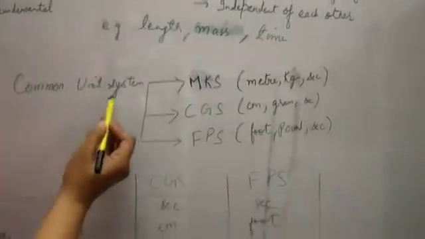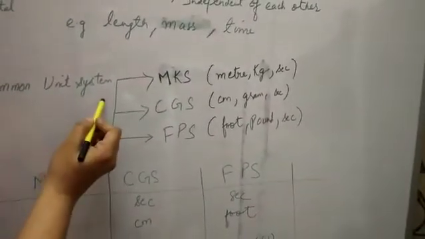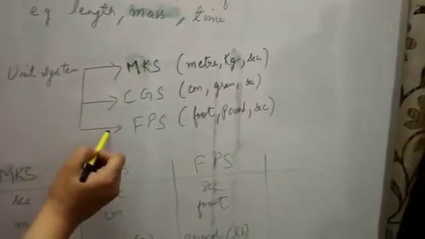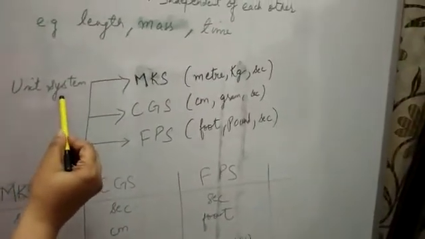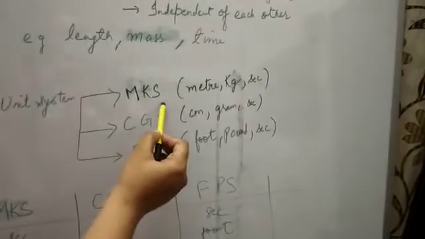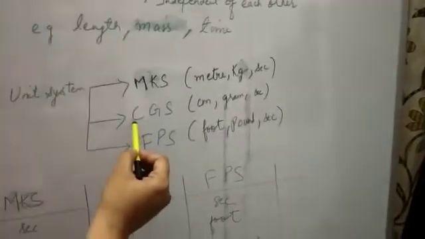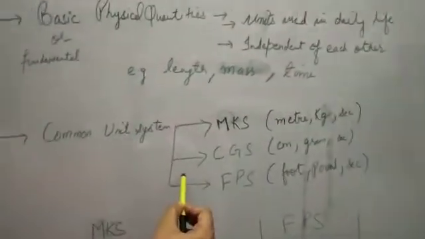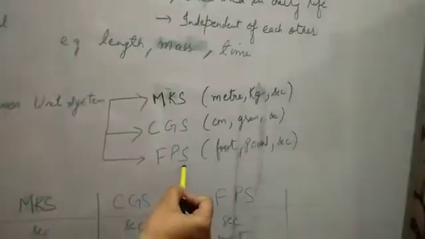Now, common unit systems. What are common unit systems? Actually, there are 3 kinds of unit systems. First is MKS, other one is CGS, and the last one is FPS.